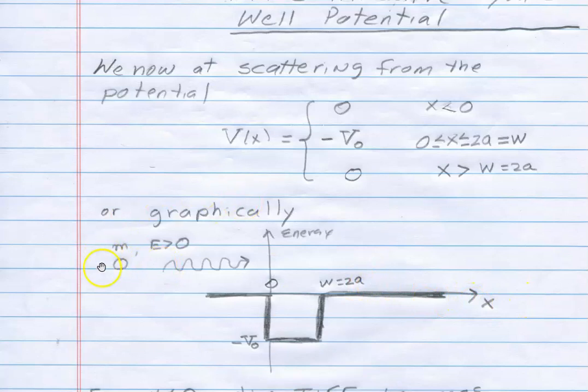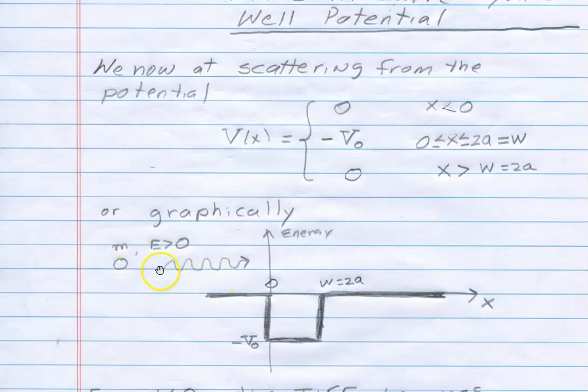What I'll assume is that we are firing a particle in from infinity over here, and I don't want to look at the bound state problems now, so I want this energy to be greater than zero. I assume that I know the mass and I know how much kinetic energy I fired into this potential well with.